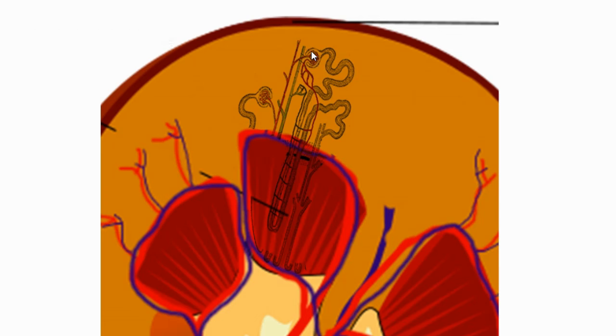So they go into this glomerulus, and they're filtered. The blood's filtered, and it's returned back into this interlobular vein, which returns ultimately to the renal vein.